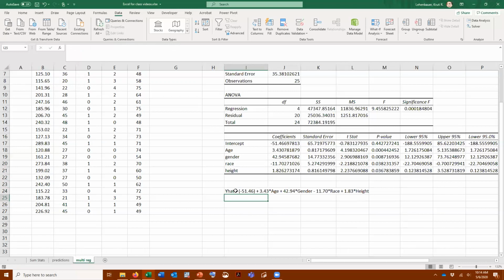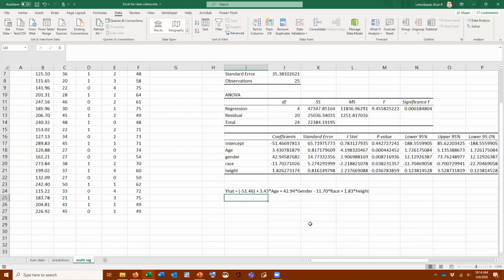So if you wanted to predict what the weight would be for an individual, you should find out what their age is, what their gender is, what their race is, and what their height is. And then you can plug it in to this equation to predict what their weight should be.